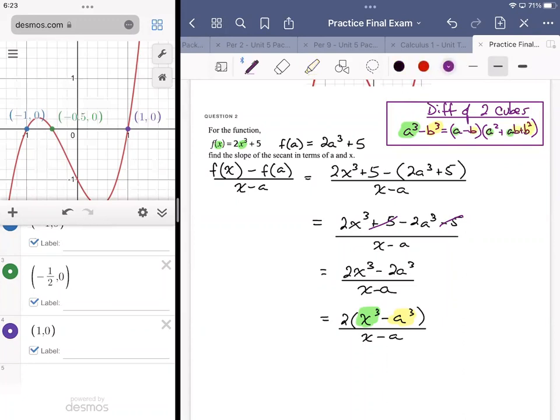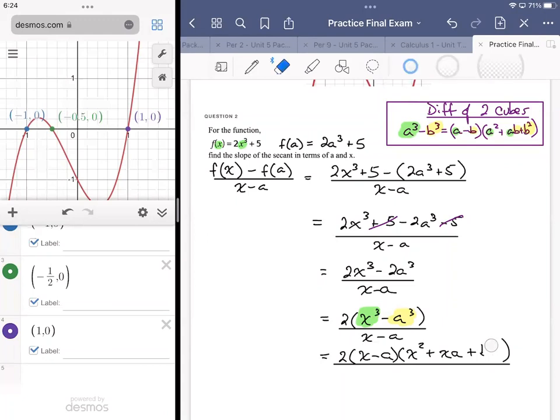So the expansion here: 2 times x minus a, x squared plus xa plus b squared, all over x minus a. Oh, b squared. Geez. A squared is what I meant to write.